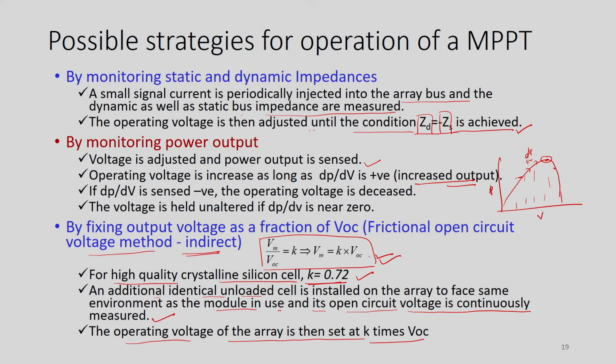This is one of the simplest methods of calculating Vm. Out of these three methods, a researcher can adopt any for calculation of Vm for MPPT operation.